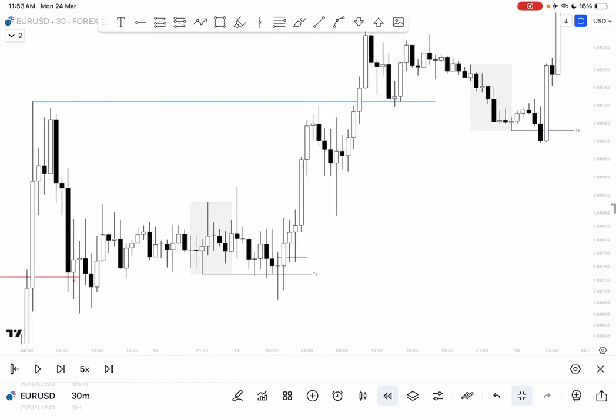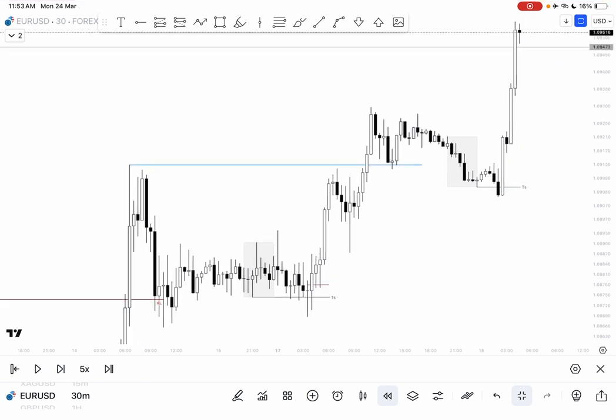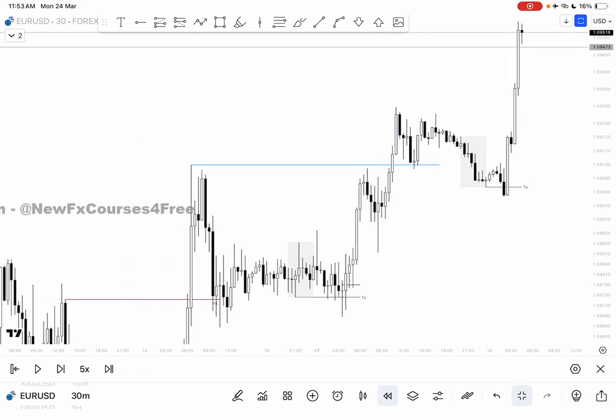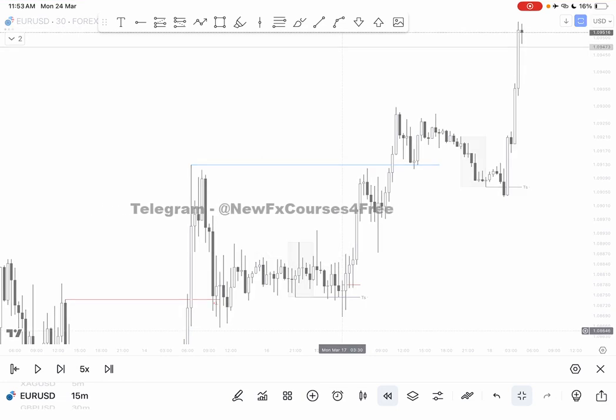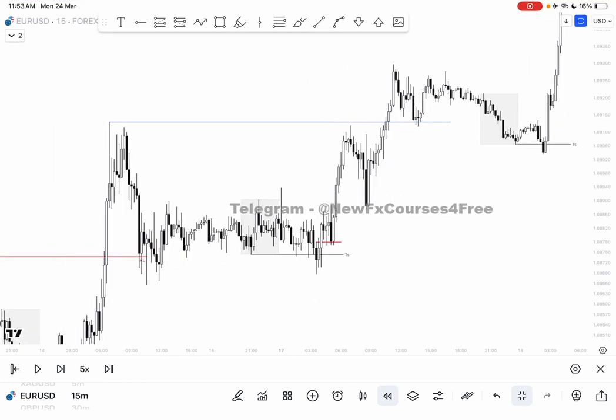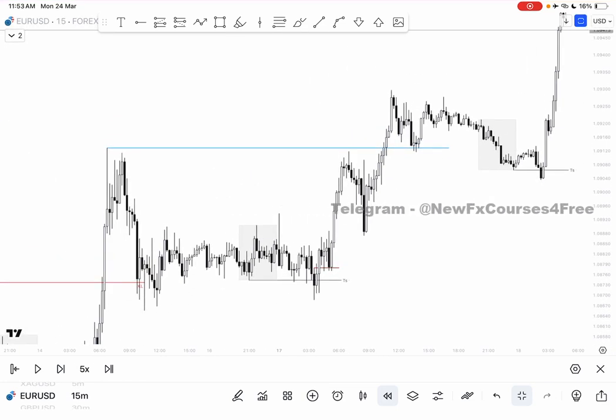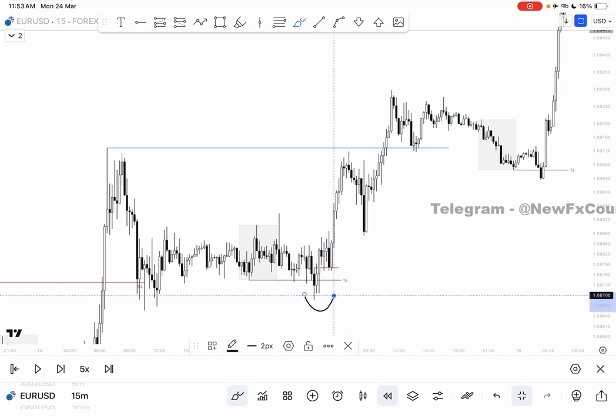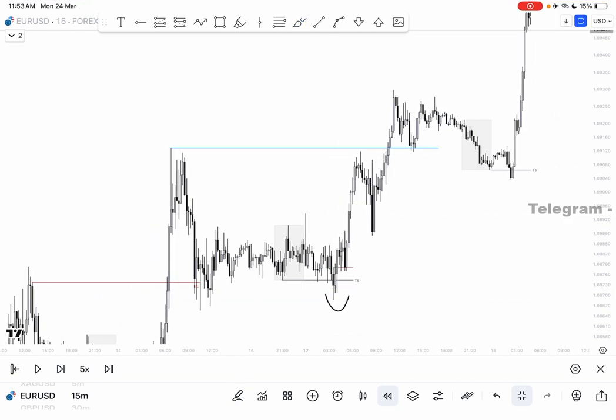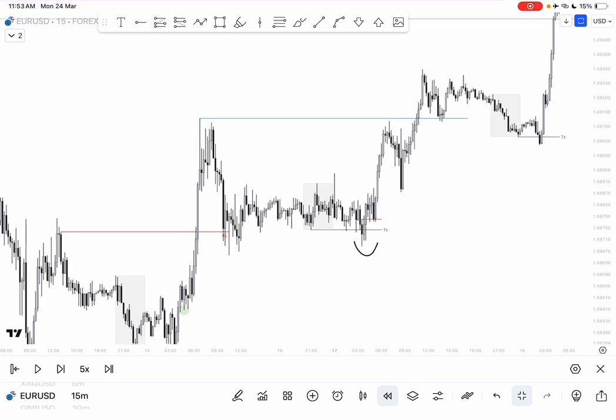So my trade, I took the trade from this low here, below this low, and I kept my stop somewhere here.